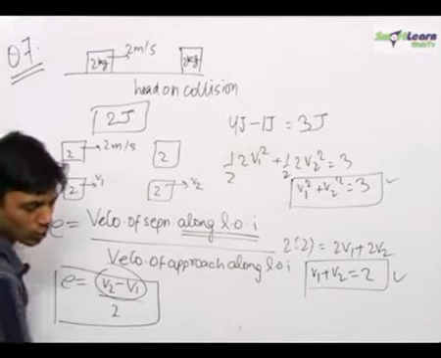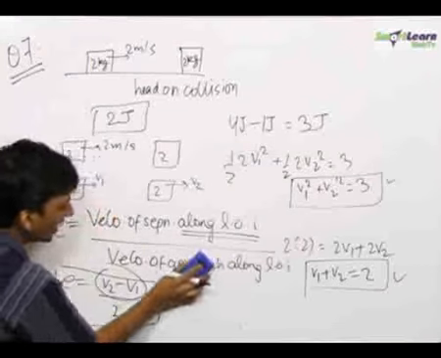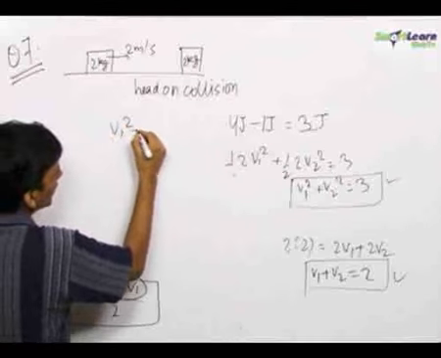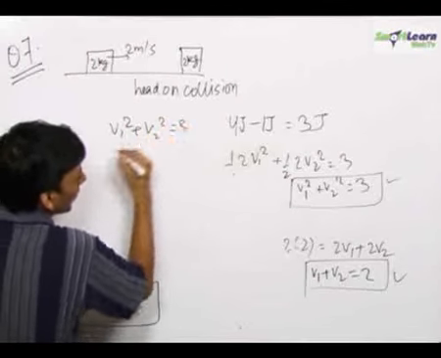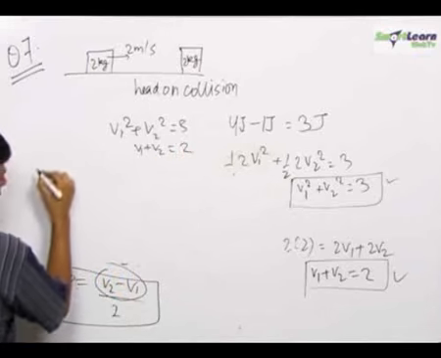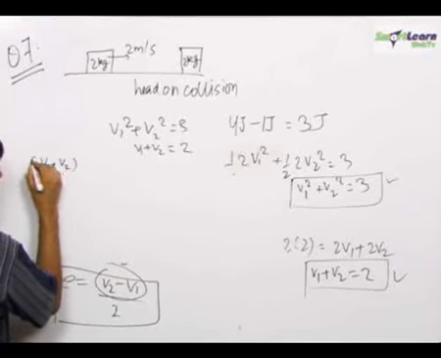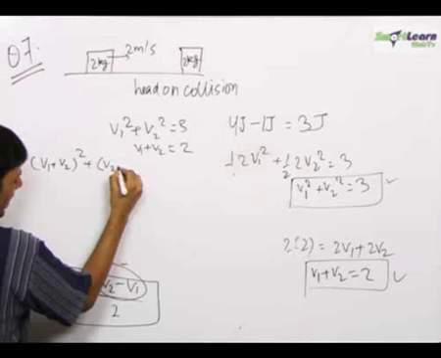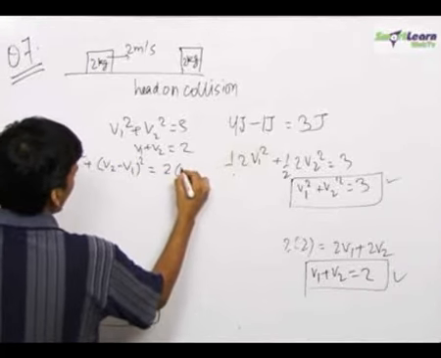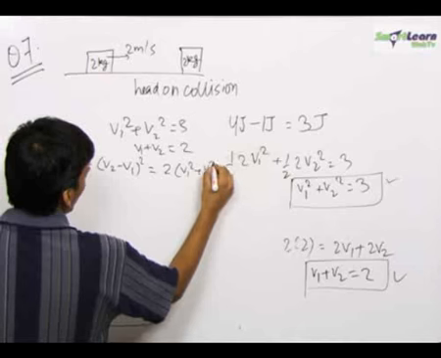Instead of solving the quadratic equations, what we can intelligently do is write these two equations: V1 square plus V2 square is equal to 3 and V1 plus V2 is equal to 2. We know that (V1 plus V2) whole square plus (V2 minus V1) whole square is equal to 2 times (V1 square plus V2 square).